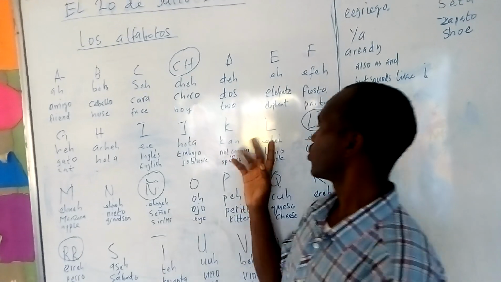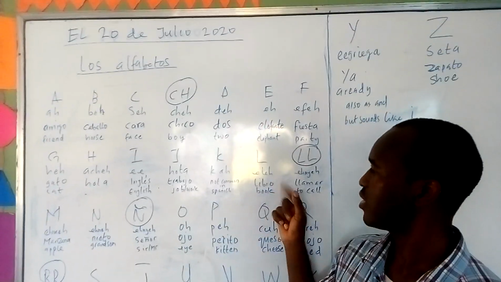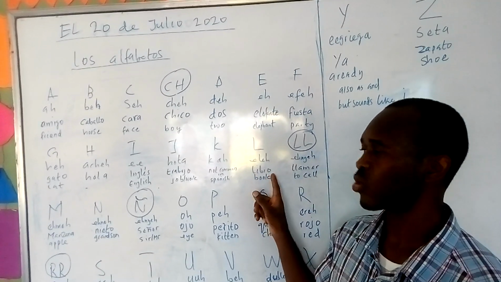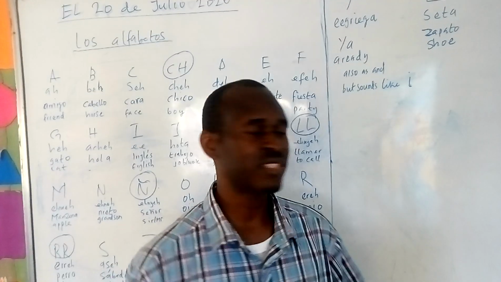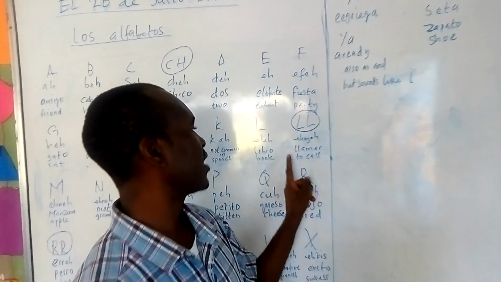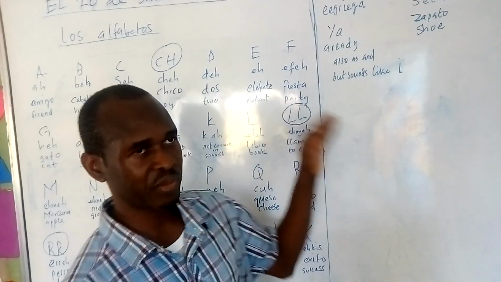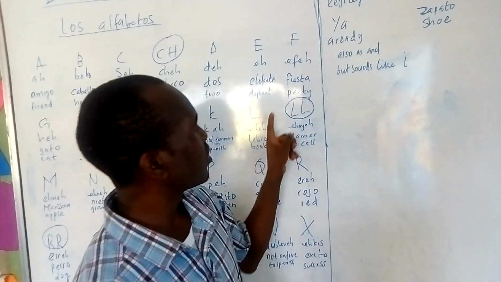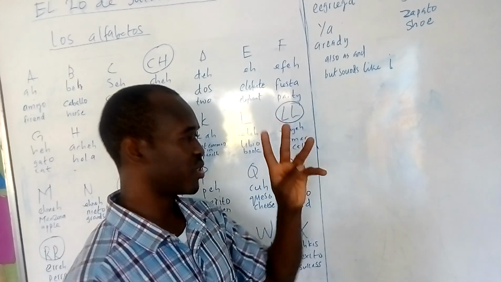All right, then you also have the L, ele. Here you have libro, that's a book. You also have "leg" in English. Then you also have a double L sound. There's a special one, because they are special sounds to Spanish. Now, we have the LL. It produces two sounds.